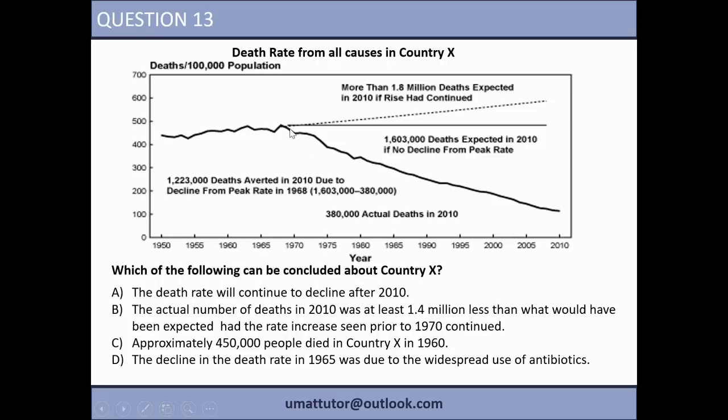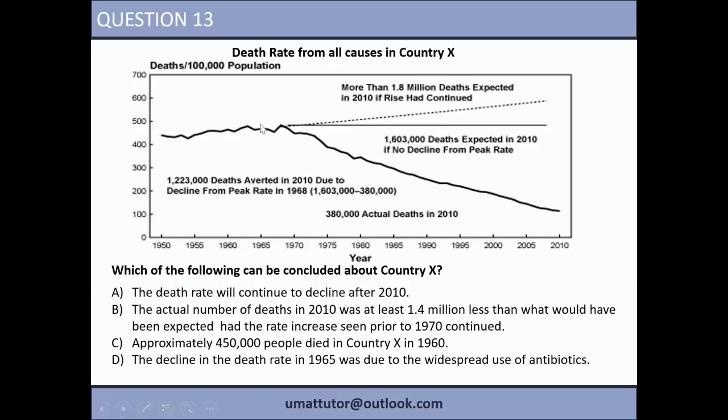Now the second line here is the solid black one that goes horizontally. All that's showing is the rate in 1970 where it begins. It's saying if that rate at that point in time had continued over that period until 2010, that's all it's showing. And it's saying if that had been the case, the number of deaths expected in 2010, given that rate and given the population, would be about 1.6 million.